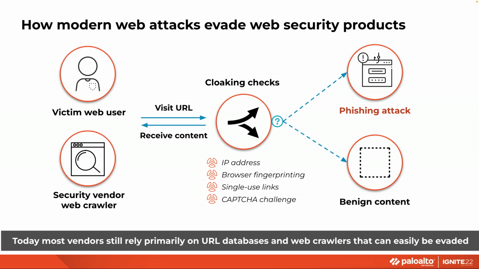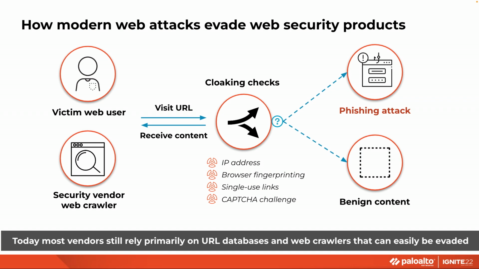The bad guys know the source IPs of these crawlers. So when the crawler traffic comes in, the hacker responds with benign content, which results in a benign categorization of the URL. Now, when a user clicks on the same URL, they are coming from a different IP. The user is now served with the phishing attack, may be asked to click on another link or asked for credentials, etc.